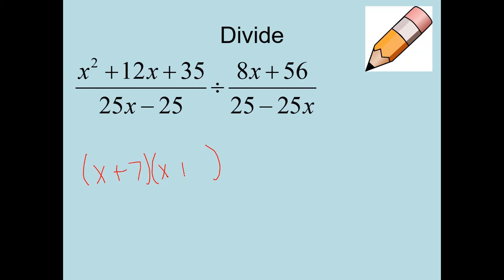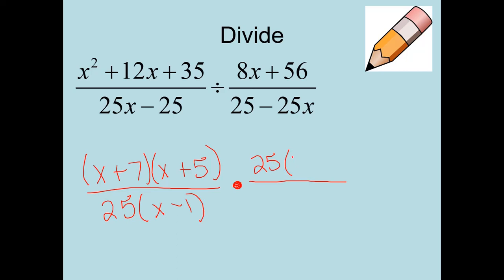That makes 12 as well, so that works. 7 and 5, excuse me. 25, I could take a 25 out, so it'll be x minus 1. Now I'm going to flip the fraction. Second guy, I'm going to take a 25 out of that. That's 1 minus x hanging around there. And then take an 8 out. That's x plus 7. So it looks like I can simplify those x plus 7s.